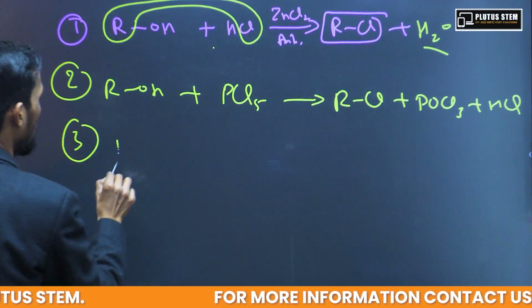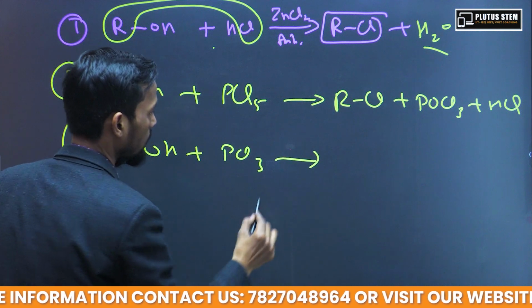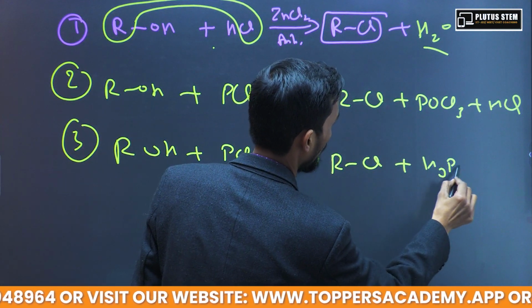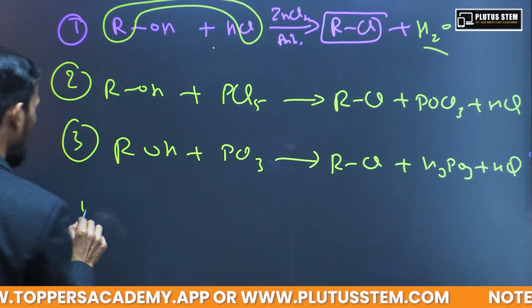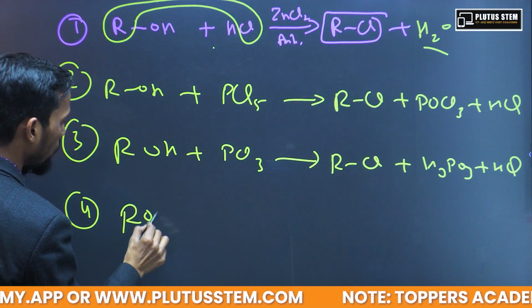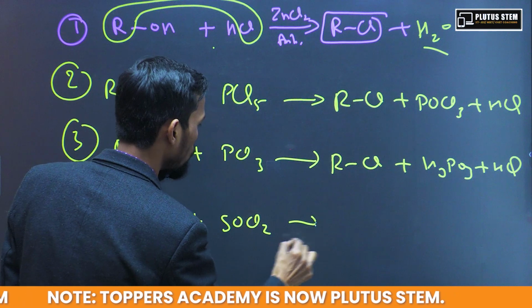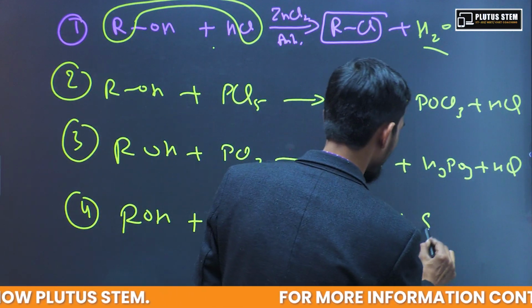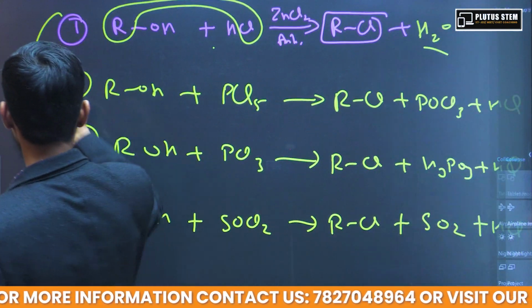The third reaction was ROH plus PCl3 gives RCl plus H3PO3 plus HCl. The fourth reaction which we have studied today is ROH plus SOCl2 gives RCl plus SO2 plus HCl. So these are the reactions which we have studied.